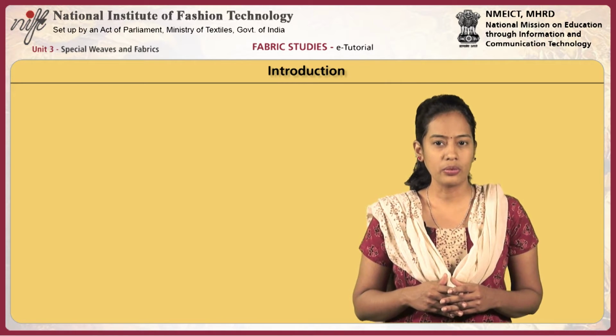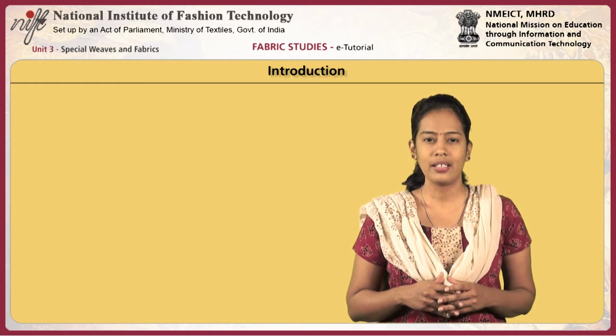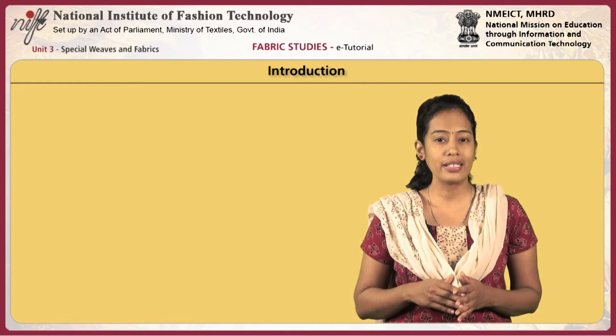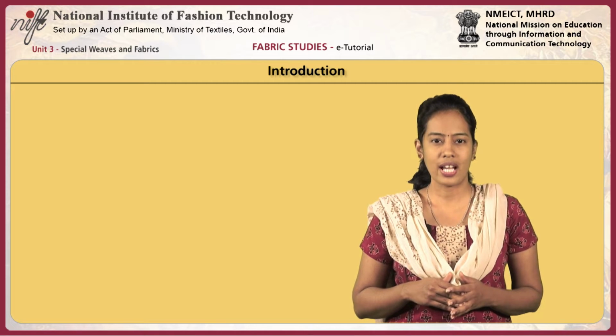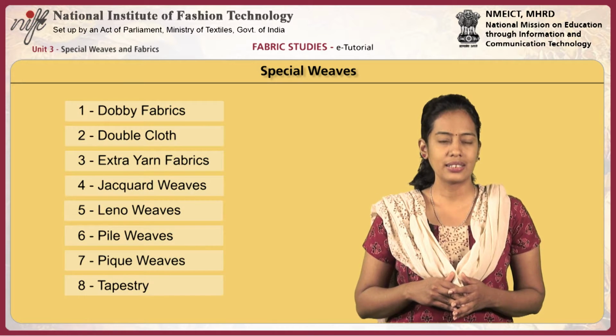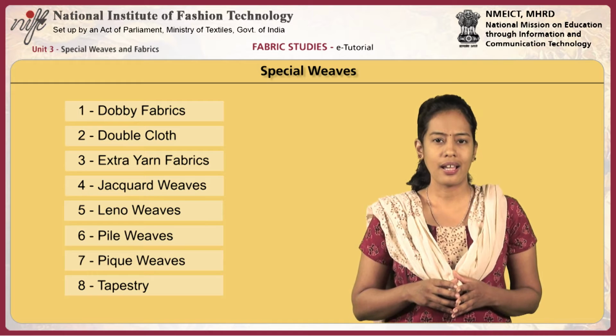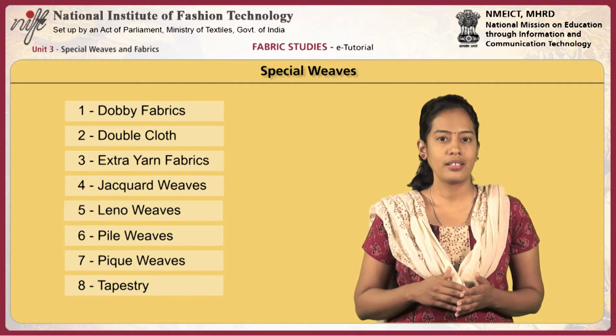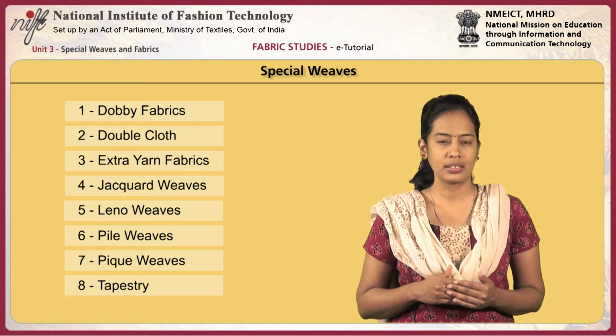They are also produced in varying widths, including narrow fabrics which are used for various purposes such as trims for a garment. The weaving techniques of these fancy fabrics are complex and hence they are available at a higher cost than usual woven fabrics.